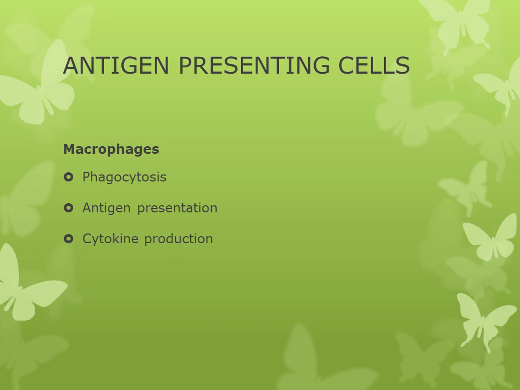The second important function is antigen presentation, and this occurs in association with class 2 major histocompatibility complex, which presents the antigen to CD4 positive helper T cells. As you know, this was the primary signal followed by a co-stimulatory signal involving B7 protein and CD28 protein. Ultimately it will result in the activation of T cells.